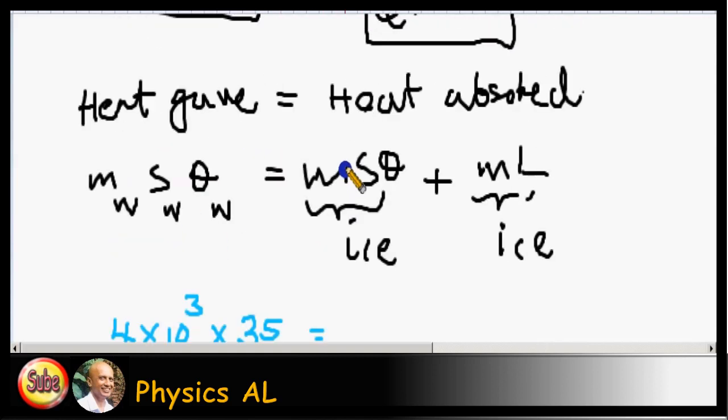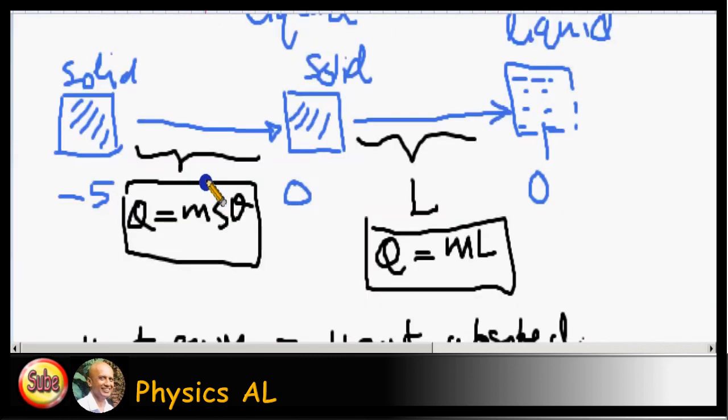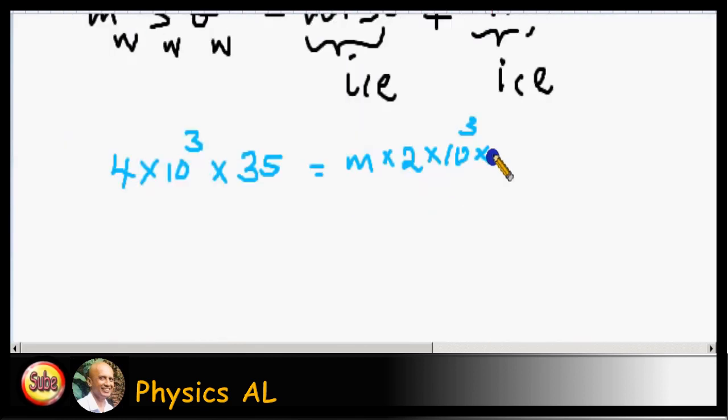Equals m of ice, which we don't know. S of ice is given, 2 times 10 power 3, times the temperature difference, ice initially at -5 and finally 0, so 5 degrees.